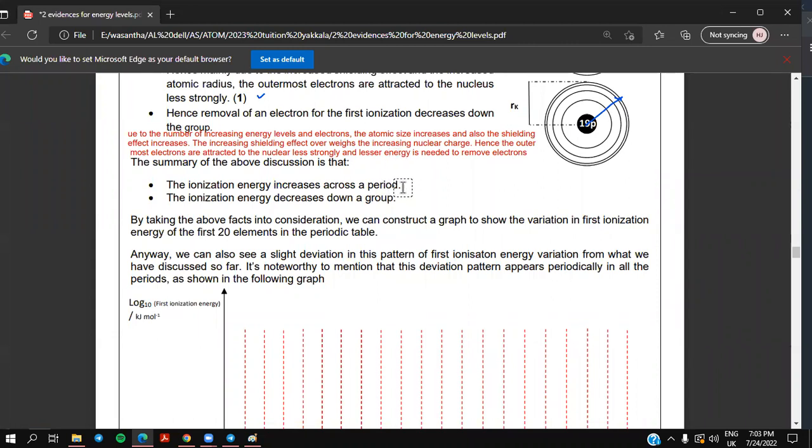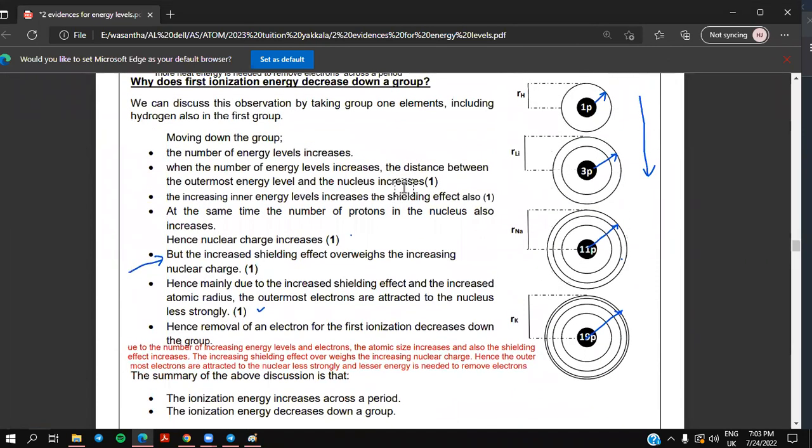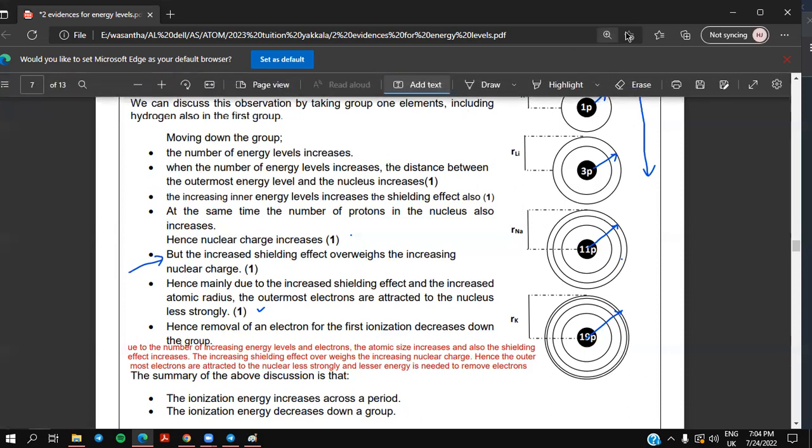For this variation, I have taken two things into consideration: effective nuclear charge and shielding effect. How the variation of shielding effect and atomic size across the period and down the group should be understood very well. With the help of it, you should be able to explain why ionization energy increases across the period and decreases down the group.